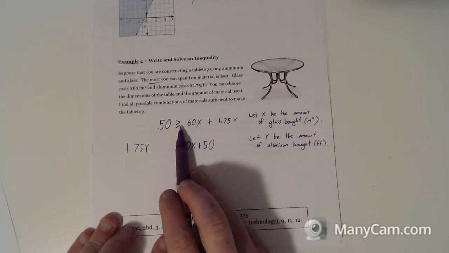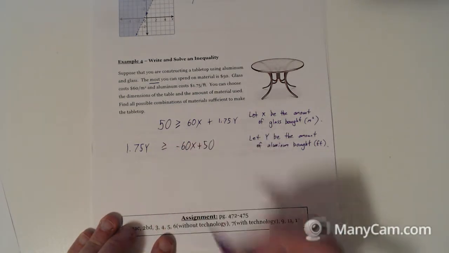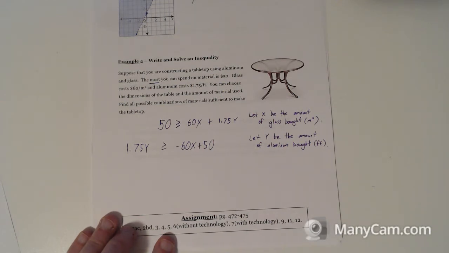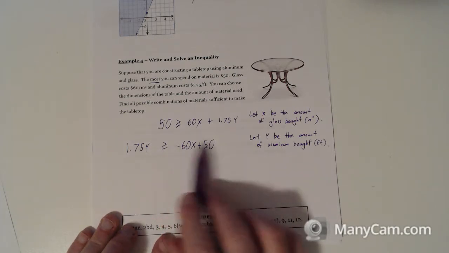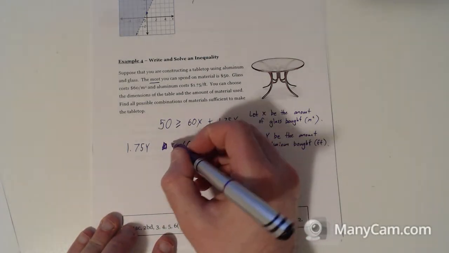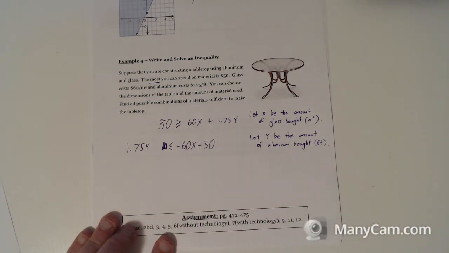And so far this sign didn't change, which is facing away from the Y. That was weird. You probably want to do that in two steps, but if you can see that, that's good. Basically, I flipped the whole thing and then subtracted the, the greater than, sorry, this should be facing the 50. I did that backwards. Yeah, flipped the whole thing and then just subtracted 60x. And then we divide by 1.75y.